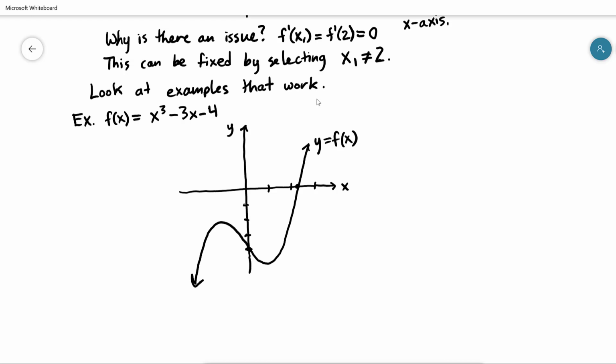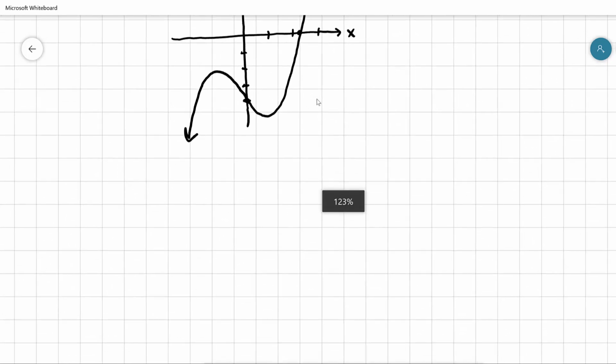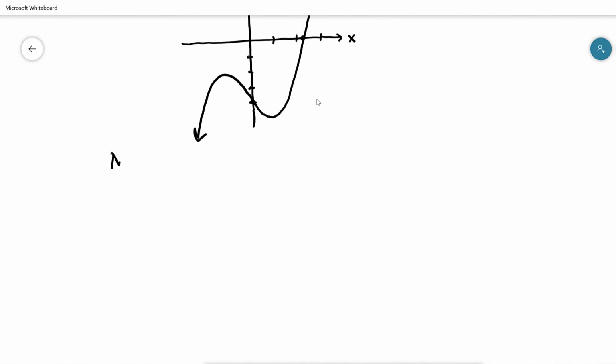And again, this is just something I picked up basically from Desmos. So just use some sort of graphing calculator to get a sense of what this picture looks like. But I want to just see what our formula is going to look like. So let's take a look at what Newton's method will look like for this example.